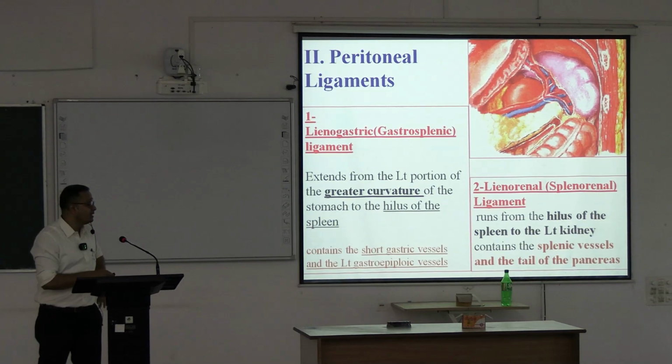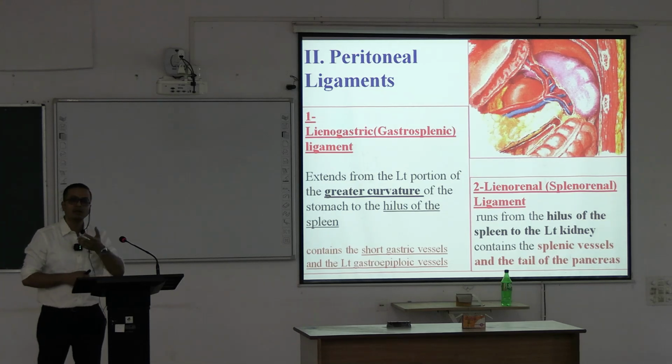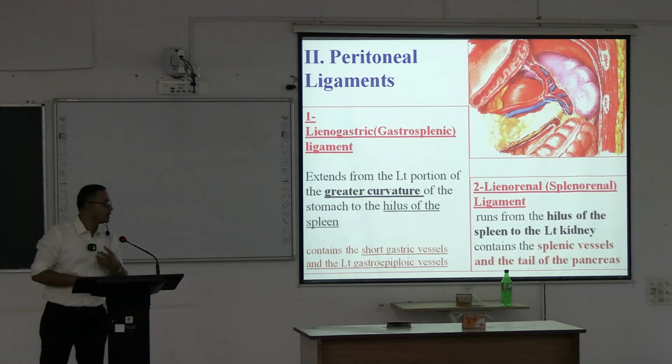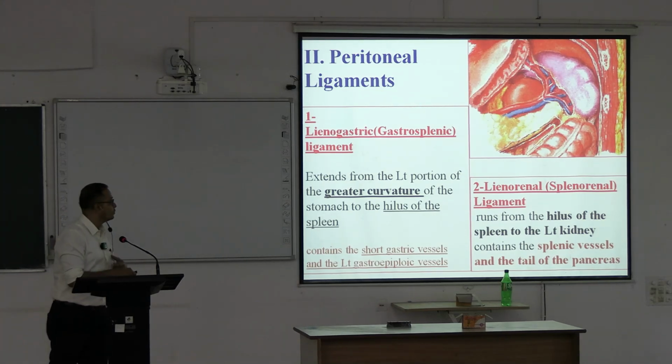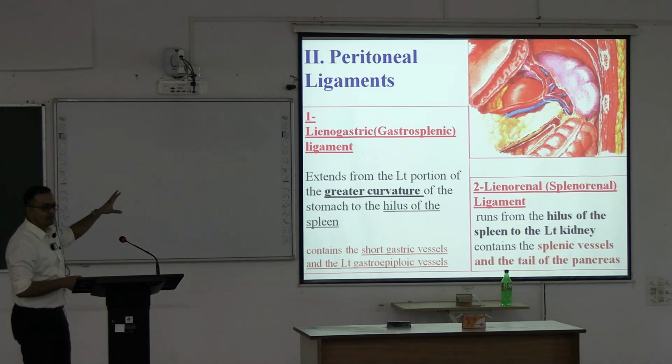The hilum of the spleen is a doorway through which structures get in and come out. This is what we learn in the thorax as well, in the lung. So the hilum is a door through which the splenic vessels get in and come out. Between this stretch, we have a narrow strip of peritoneal fold, which looks like a ligament. We call it a peritoneal ligament, the gastrosplenic ligament.